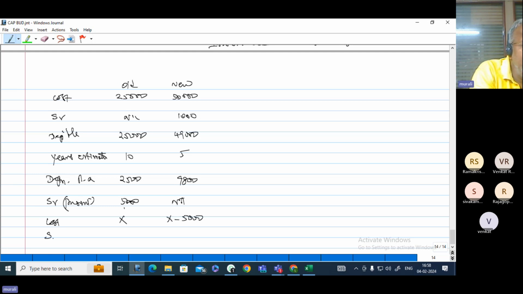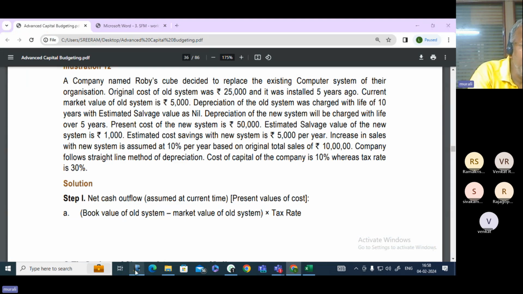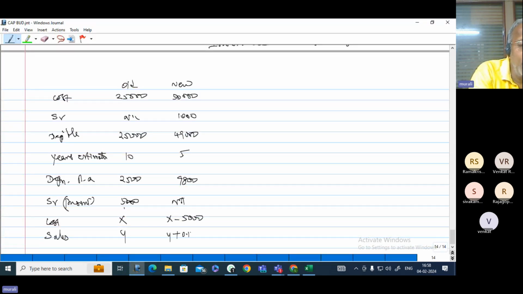When it is revenue, sales, if it were to be Y, it will be Y plus 10%, 0.1 Y. So this is not Y, it is 100. It is going to be 110,000. Correct. See, this is the way you got to look at it.